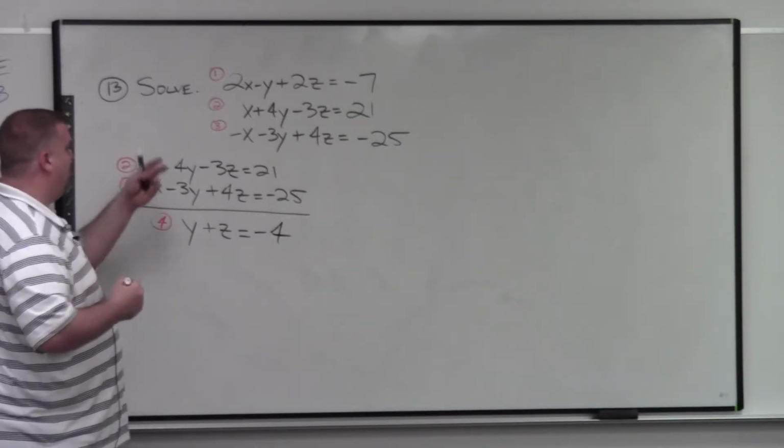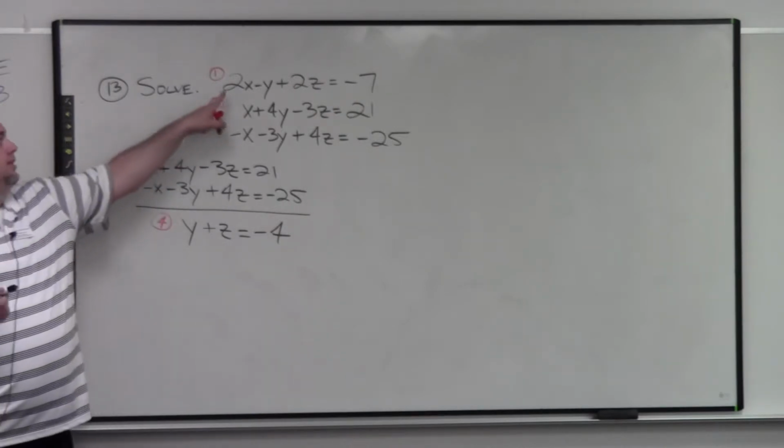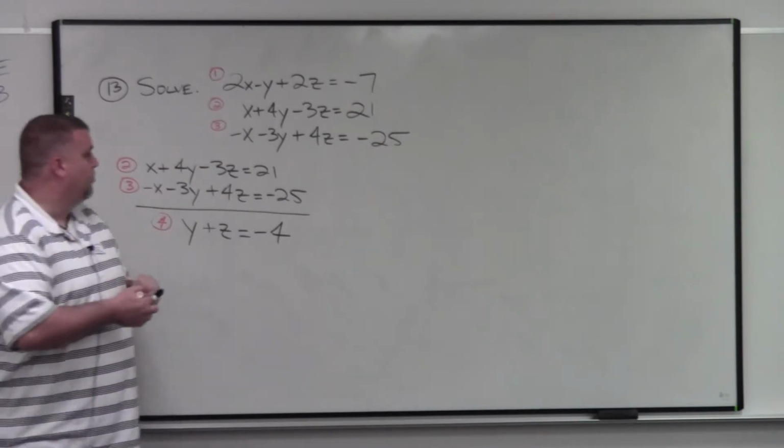So let's pick a separate pair, something other than 2 and 3 combined together, and we have to eliminate x again. Yeah, 1 and 2 or 1 and 3, right? I always like to go for the one that already has opposite signs. All right, so let's maybe start with 1 and 3.